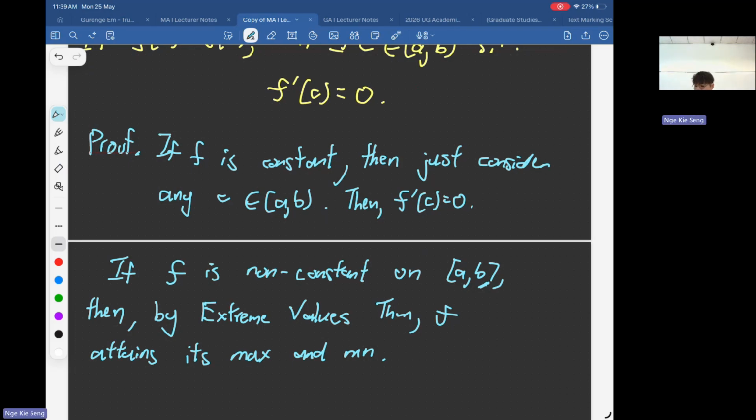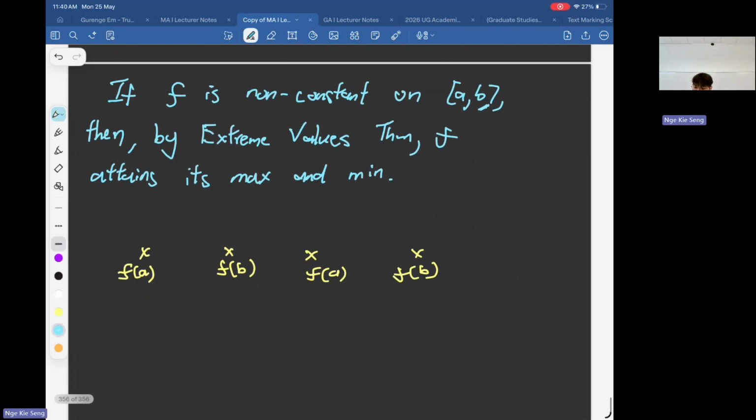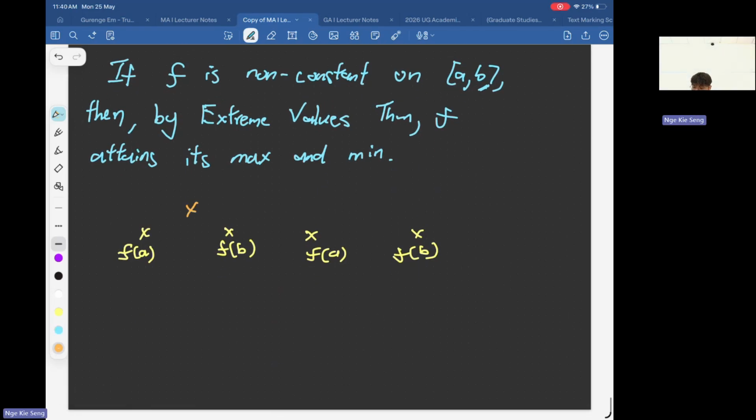So if it has a maximum and minimum, what could happen? Maybe let me draw some cases. Maybe f(a) here, f(b) here. Maybe the max and min are higher and lower than these.